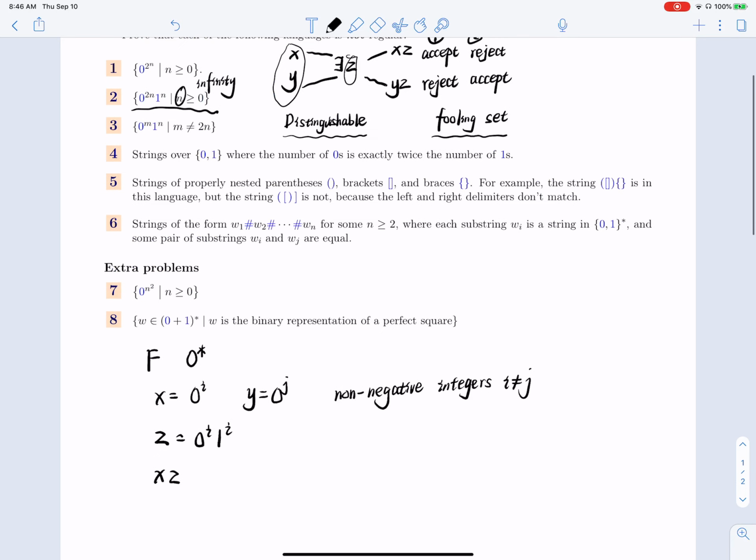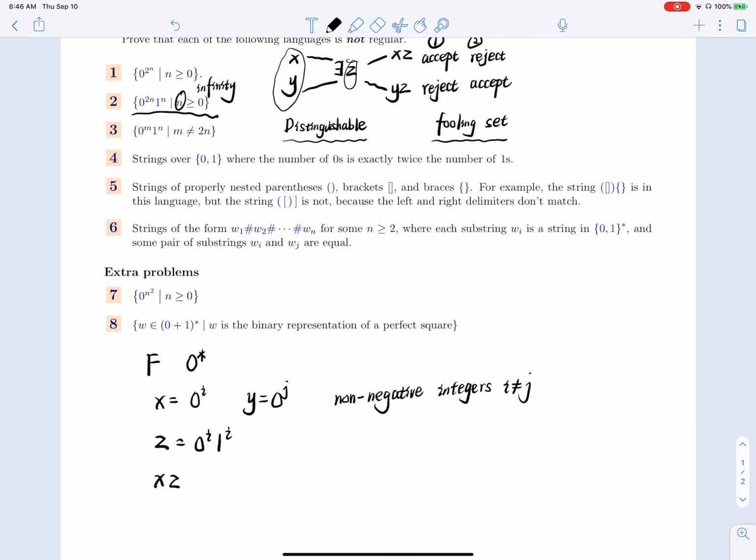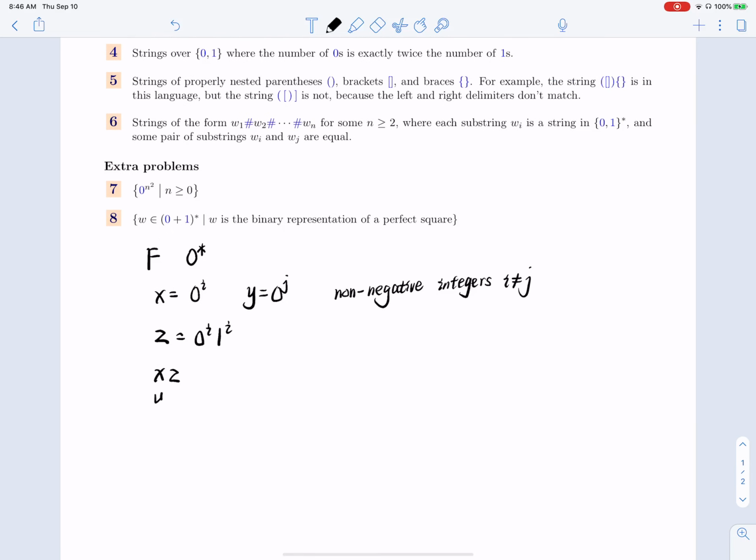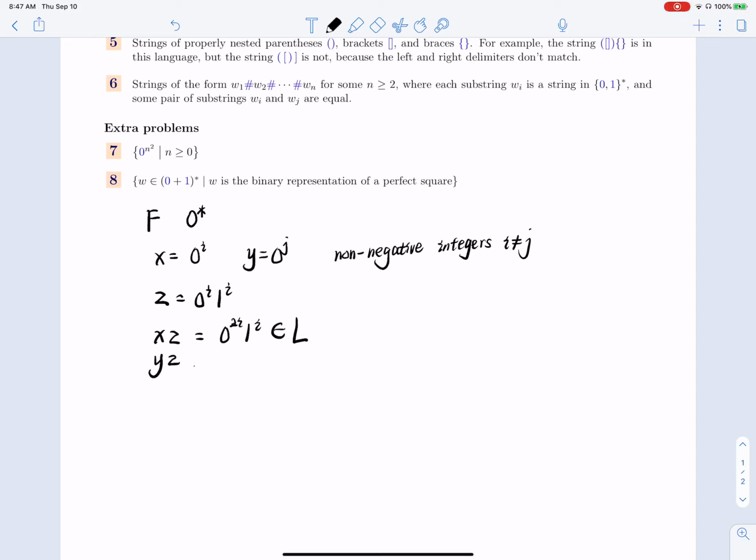Because we want to satisfy the requirement that only one of xz and yz will be accepted: xz will be 0^2i 1^i, which belongs to the language, and yz will become 0^(i+j) 1^i. Obviously it does not belong to the language L, because i plus j is not equal to 2i.